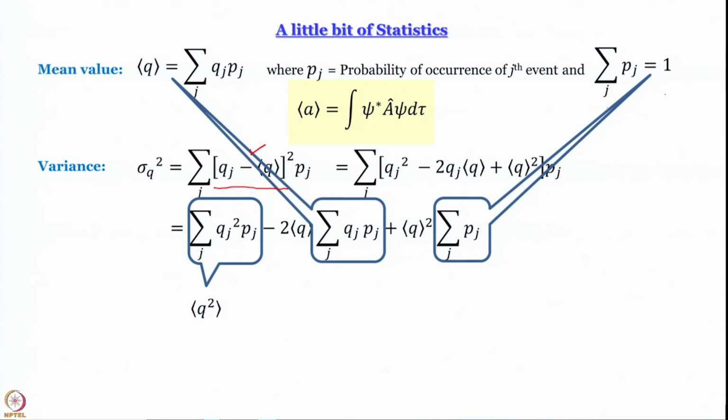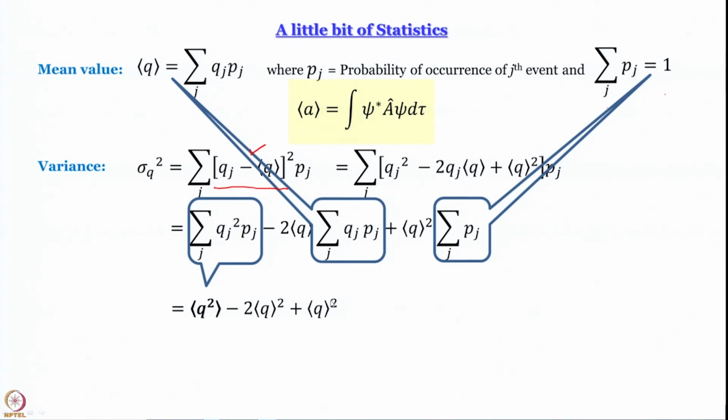So, now let us write the expression for sigma q square. What does it reduce to? The first term reduces to mean of squares of q, second term reduces to minus 2 square of mean value of q, third term reduces to square of mean value of q. So, we are going to get mean of q square minus 2 multiplied by square of mean value of q plus square of mean value of q. Of course, minus 2 plus 1 is equal to minus 1.